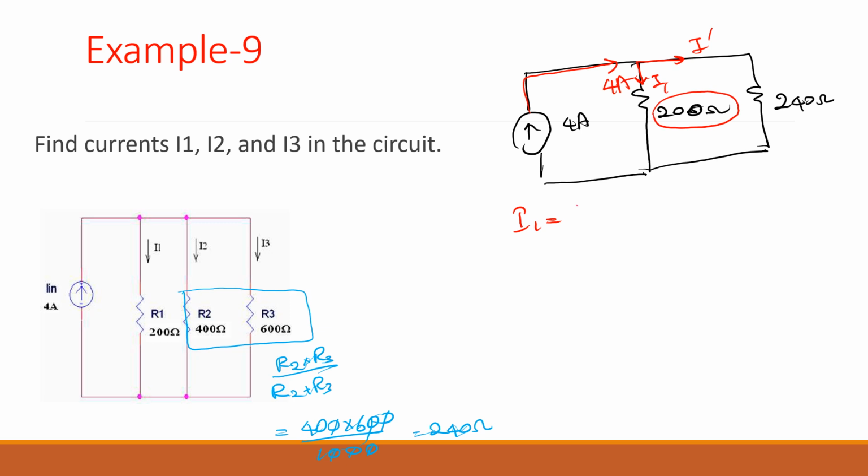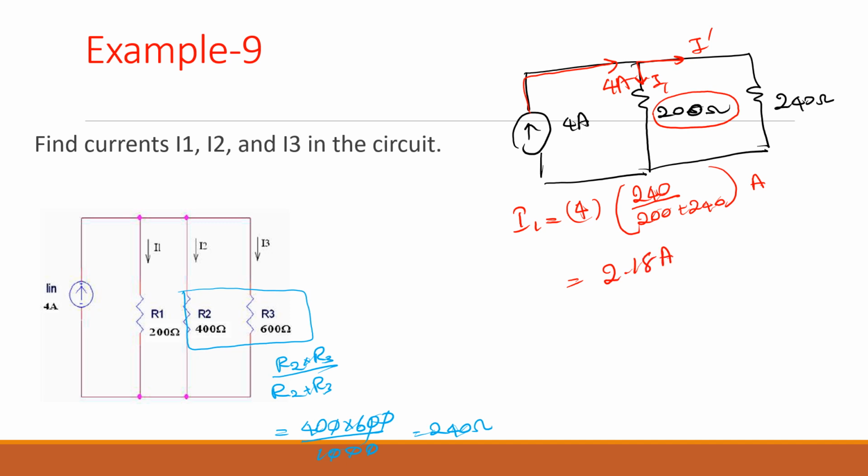So it is equal to the total current times the opposite resistance, 240, divided by the total, 200 plus 240. So that is 240 divided by 440 times 4, which is equal to 2.18. So this current is 2.18 amps.